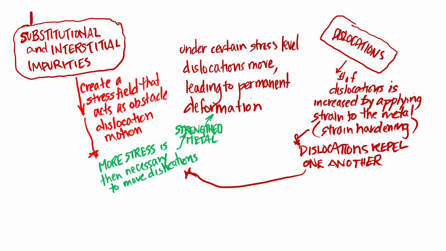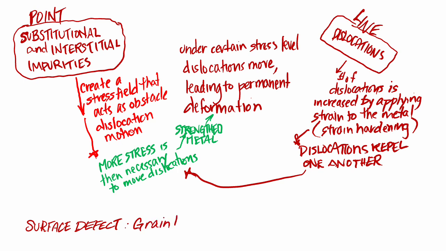So this is a point defect. This is a line defect. And the last defect is called a surface defect. And a surface defect is known as a grain boundary.